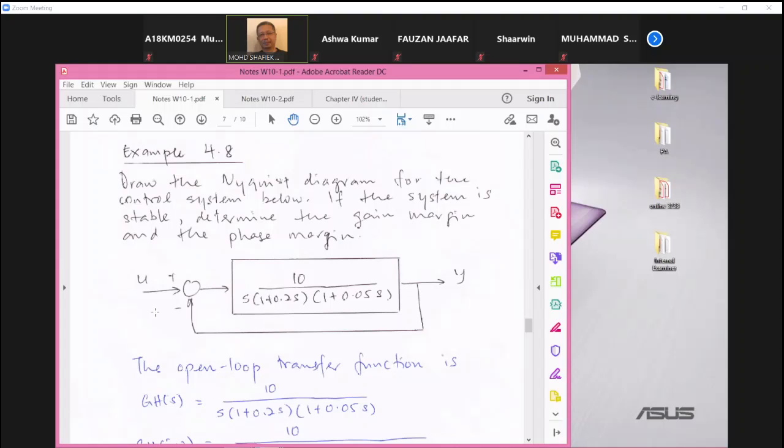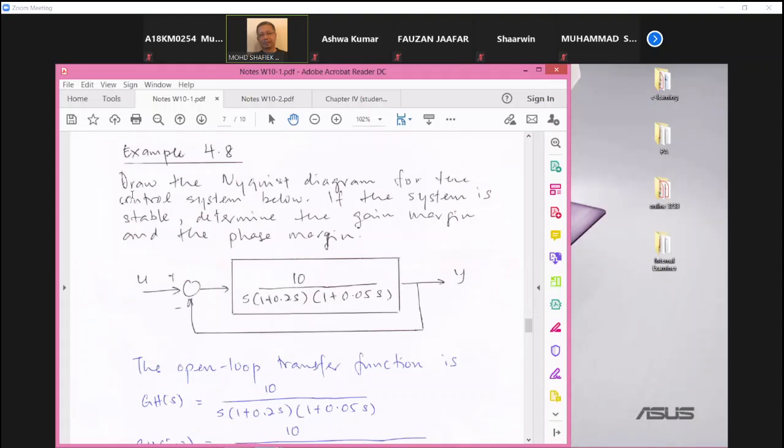So this is a typical question that you're going to face in your second test. Draw the Nyquist diagram for the control system shown below. Here you are given this control system in the form of a block diagram. Probably the proportional gain controller has been chosen for you. There's 10 there. It is already factored into the block.